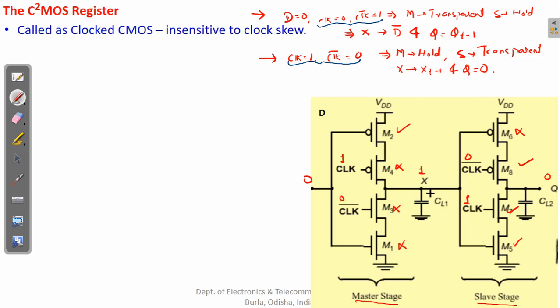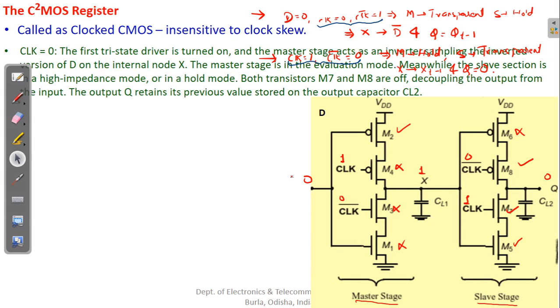Each of these nodes will hold their previous value if their respective stages are in hold mode of operation. So this is the normal operation of this master slave C2MOS based register.